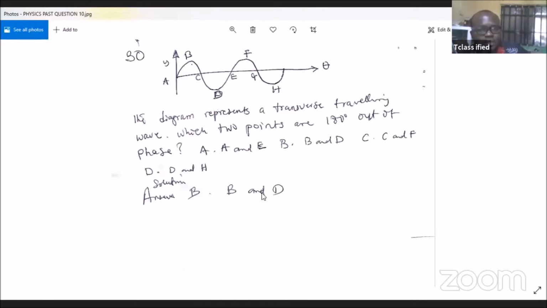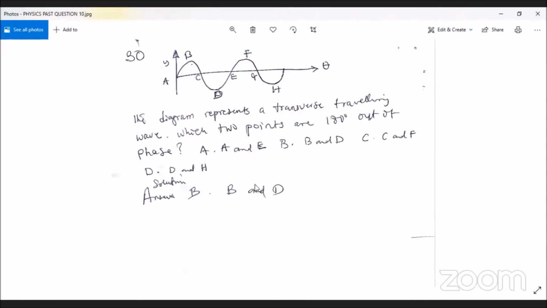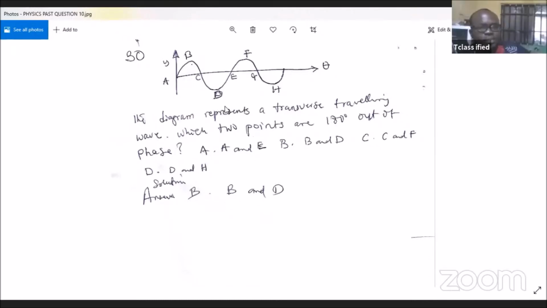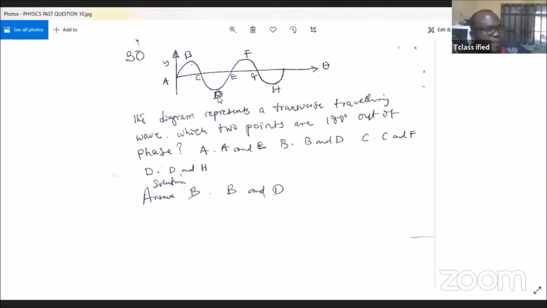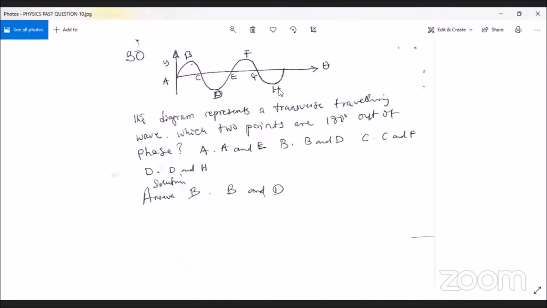I don't think you really understand. Okay, so watch again as I'm demonstrating. Can you see D? Yes, I can see. Can you see H? Yes, I can see.